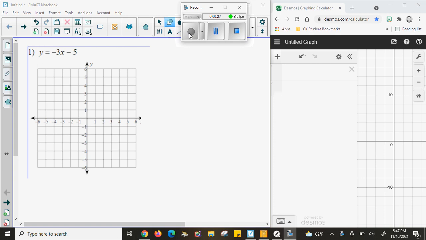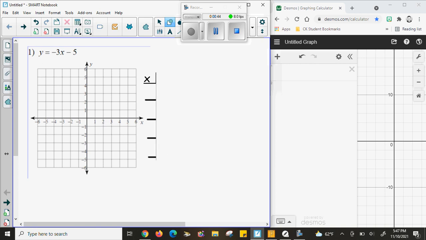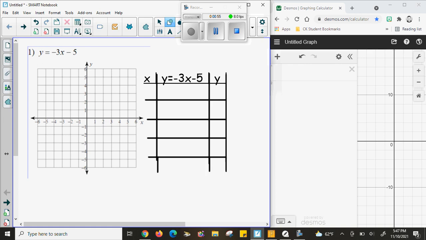Well, as part of our textbook, as we learn to graph linear equations, one of the first things we're going to be doing is taking the equation, selecting different values for x, meaning we're going to actually replace x with these values so that we can find what the y value is at that x value.